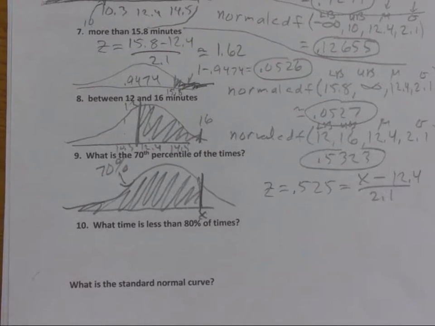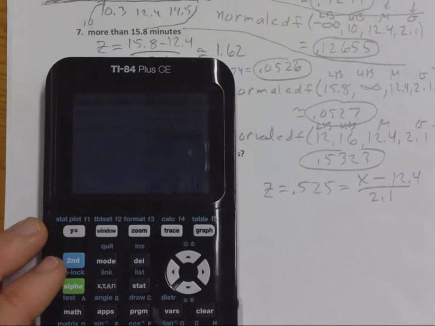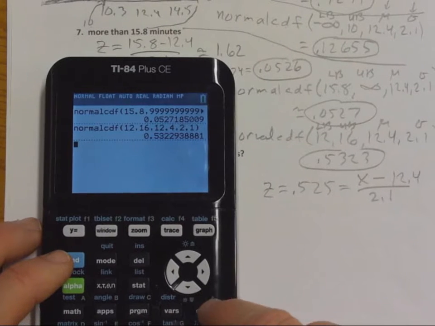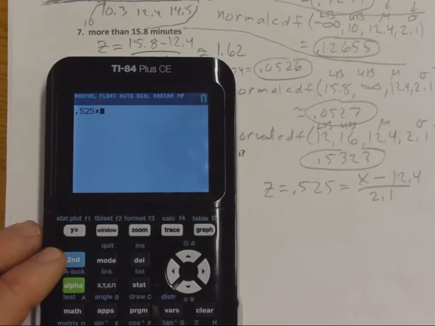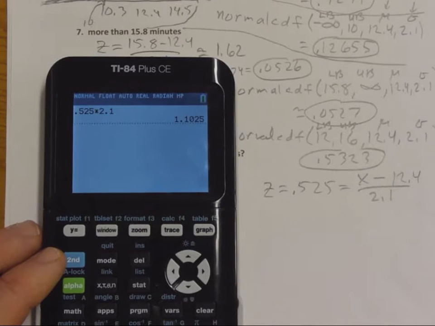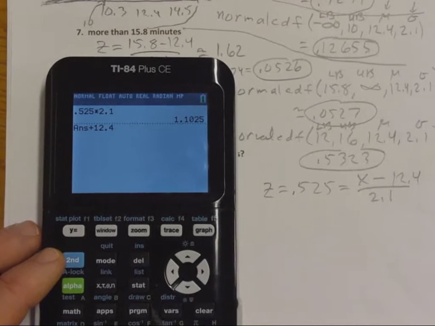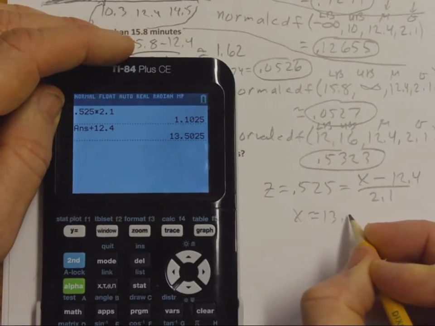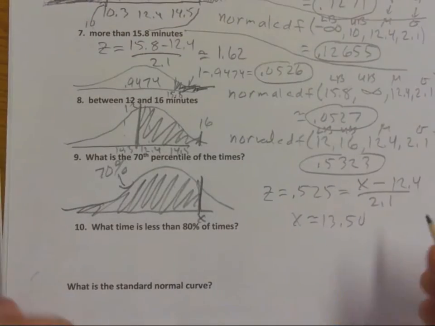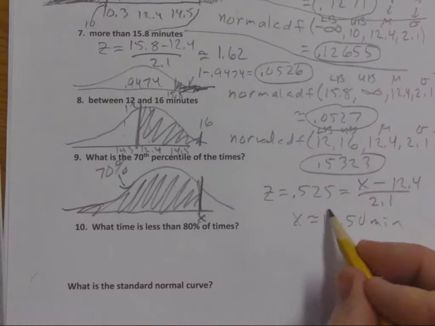Then I'll do a little bit of algebra to solve for x. So 0.525 times 2.1, plus 12.4, and so my x is approximately equal to 13.50 minutes. And make sure to include the units.